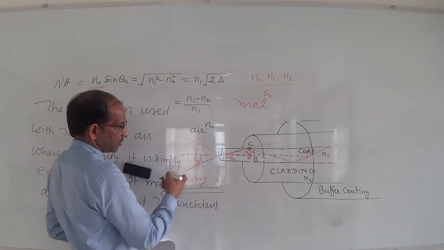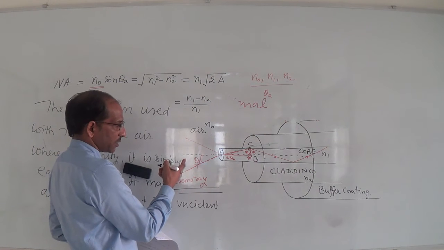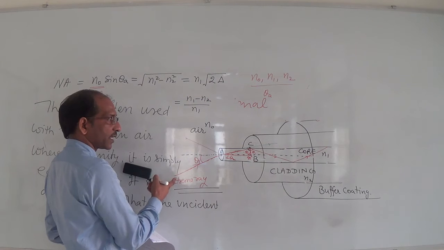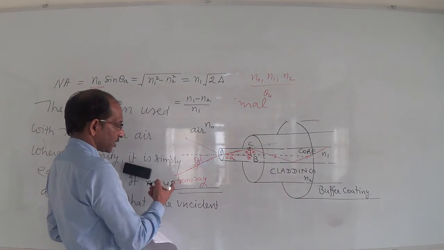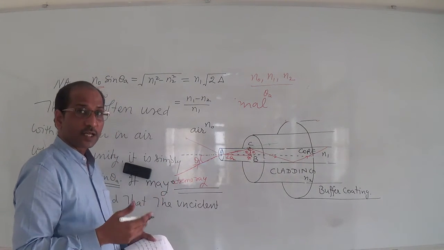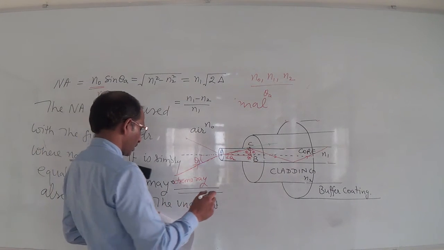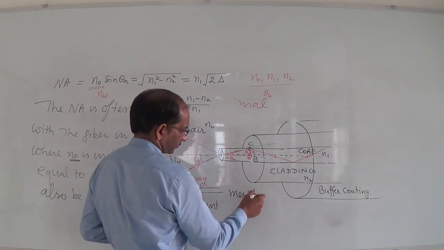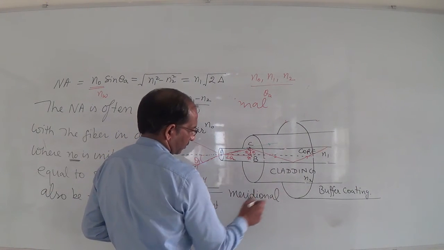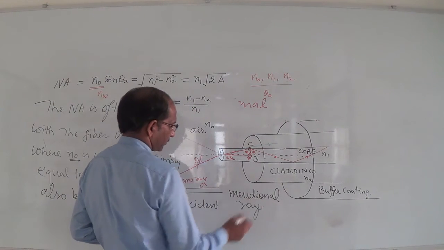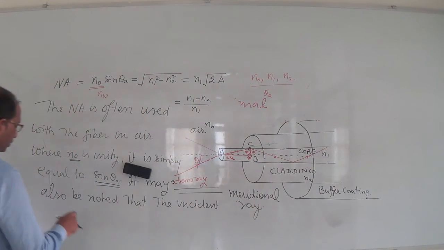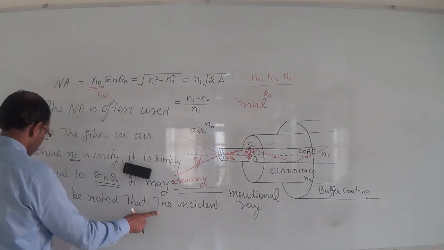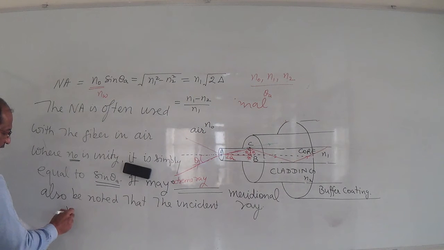This is the extreme ray which makes the maximum angle theta A. So this extreme ray which enters with the maximum angle is known as the extreme ray or meridional ray.